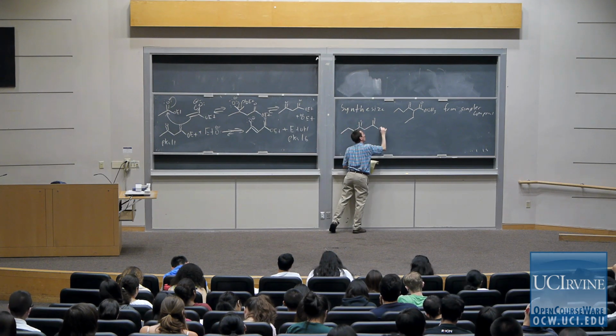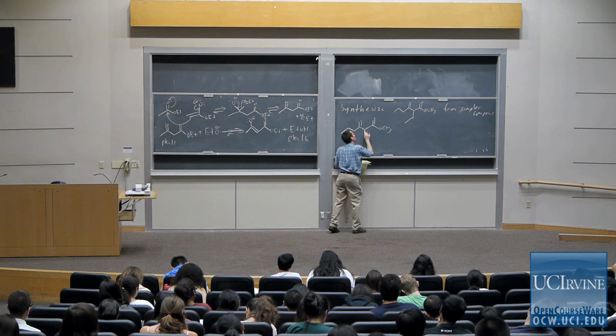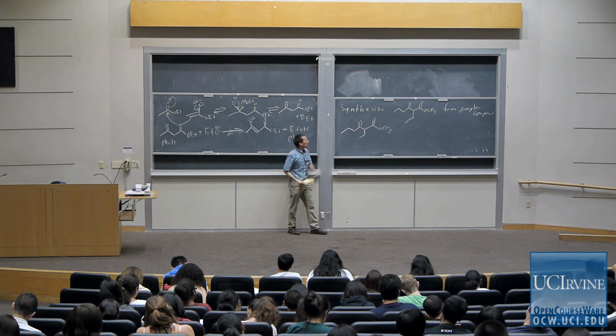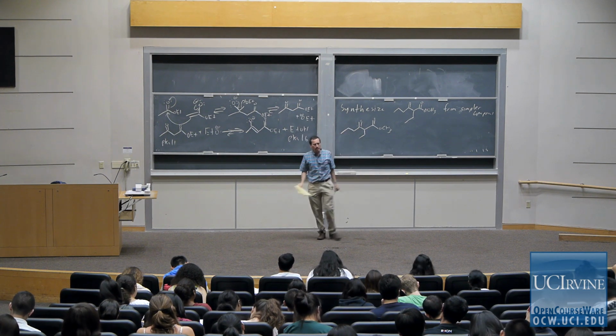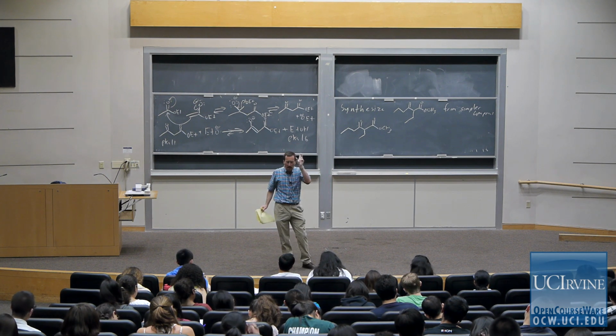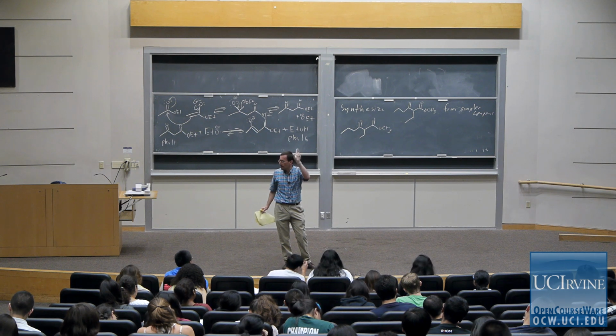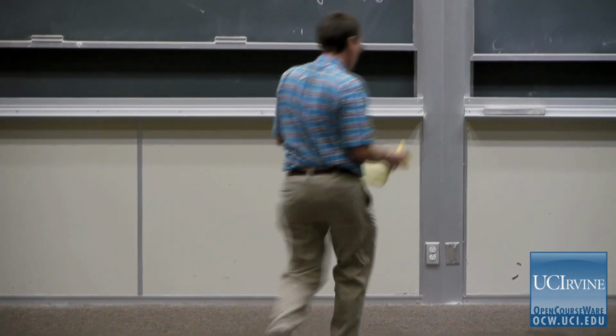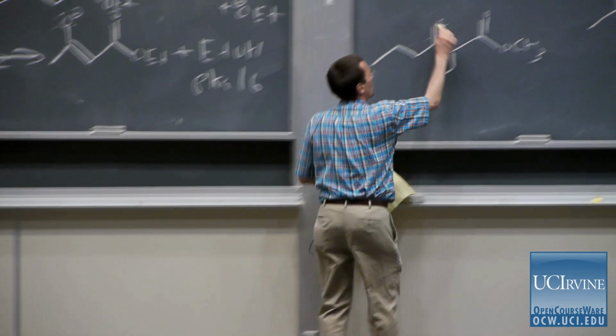All right, so I look at this compound and I say, all right, we've now learned a new retrosynthetic clue, that when we see a beta-dicarbonyl compound, we can cleave the bond between the alpha carbon and one of the carbonyls in a Claisen type reaction.